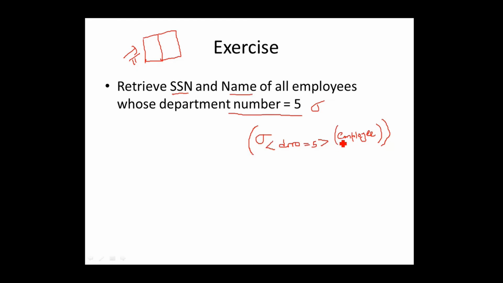So after this, I'm going to get all the employees of department number 5. Now I'm going to project only SSN and name. So this will be done on this result. So what we have done here is we have used both projection and selection together. So that's how you use that.